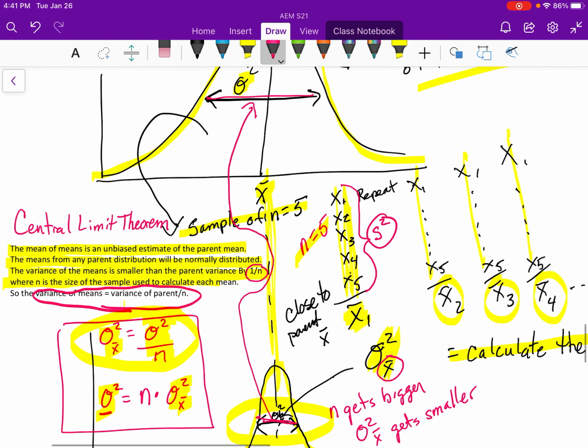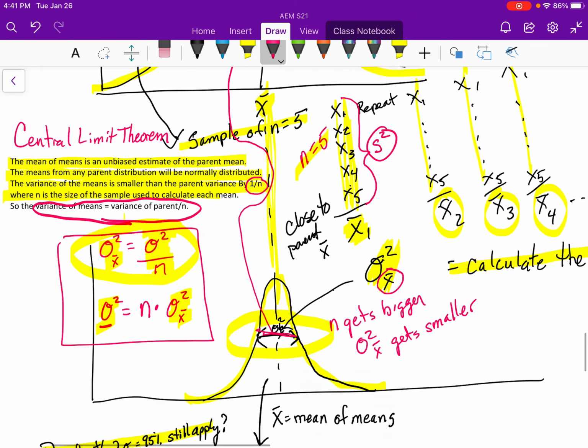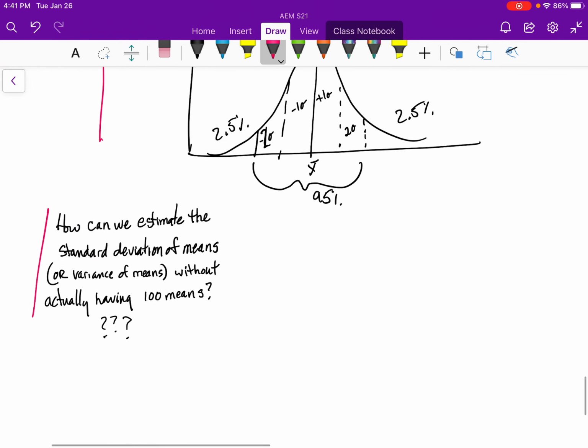So if we take our simple sample of 5 things from just one, and from there we estimate the parent distribution variance. So what we can do, and I'm going to write that equation back down here, is write this equation that says the variance of the mean is equal to the parent distribution variance divided by n.